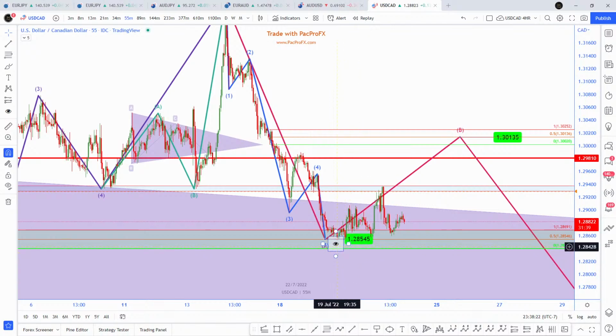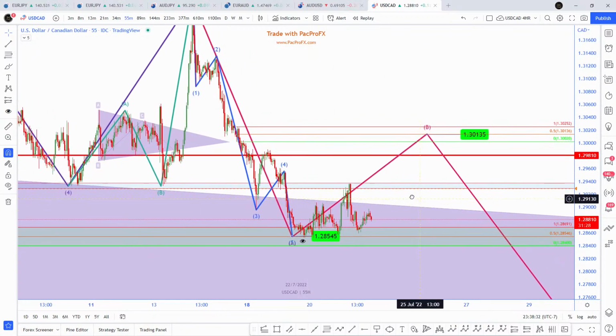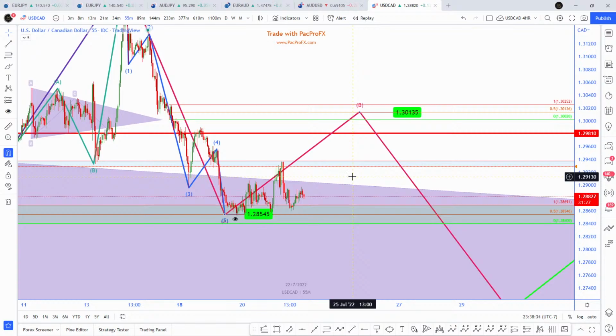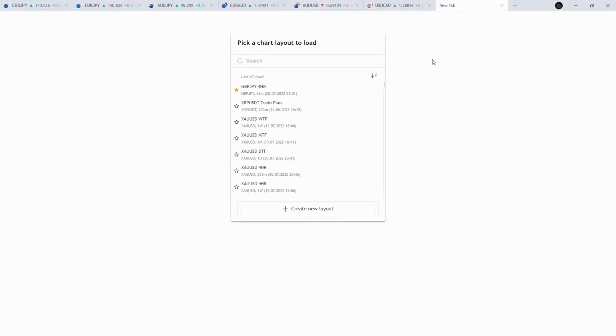That's why I put a little eye here, because I said this doesn't look so strong. But definitely we'll get up there. So that's pretty much on track for now.